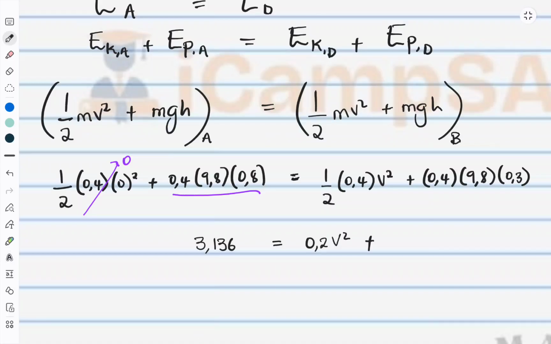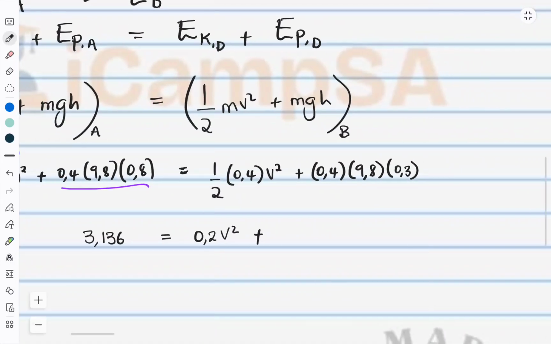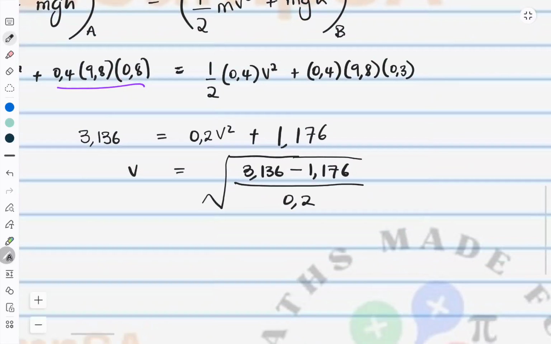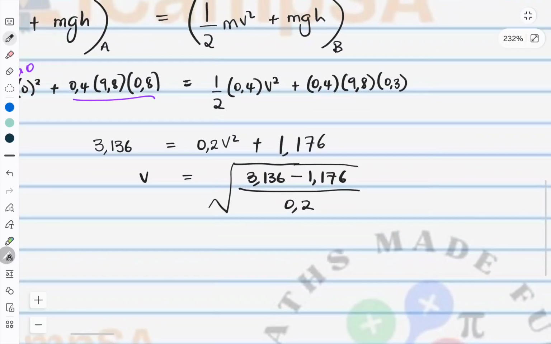Okay, that's 1.176. So v squared, I mean speed, is simply the square root, you would put it in your calculator, of 3.136 minus 1.176, all of this over 0.2. So I just combined it to one step.